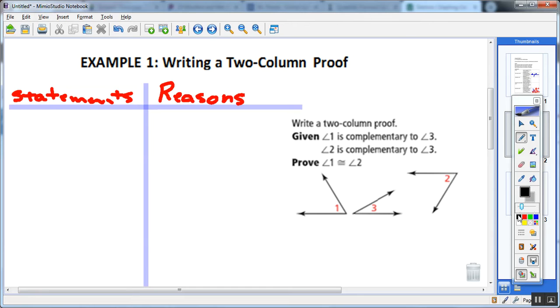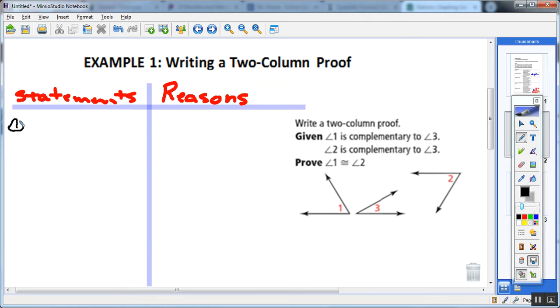Okay. I've always told you, always start out with what, kids? Start out with the givens. Okay, so number 1. What's given to you? Angle 1 is, I'm going to abbreviate a little bit, complementary to angle 3.